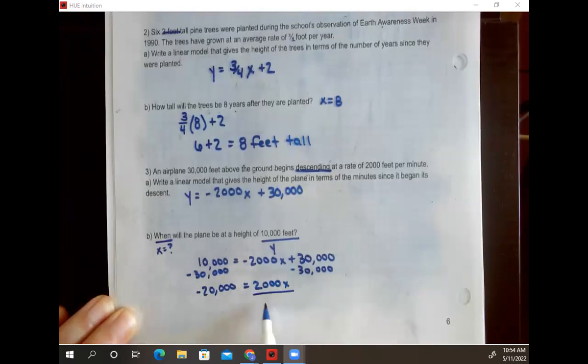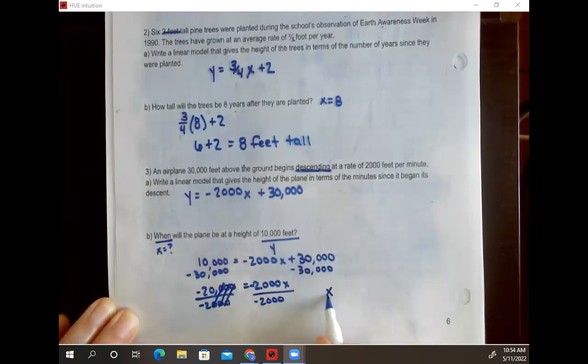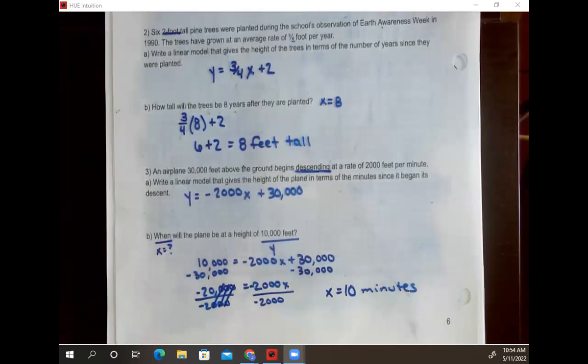To get x by itself, I've got to divide both sides by negative 2,000. Negative 20 divided by negative 2, that would give me an x value of 10. So after 10 minutes of descending at that rate, we'll be at a height of 10,000 feet.